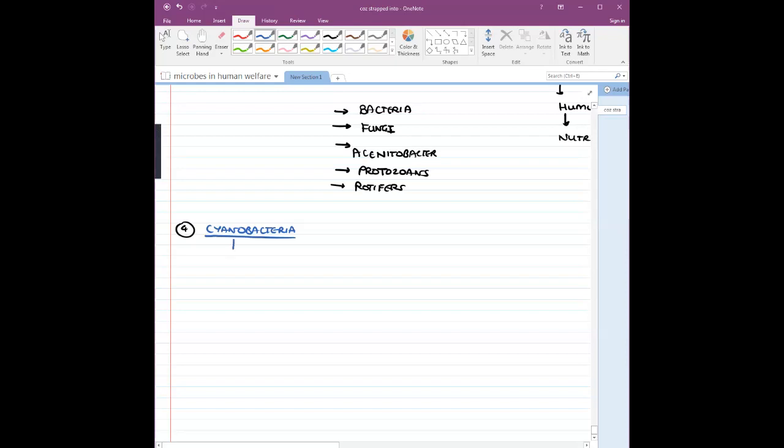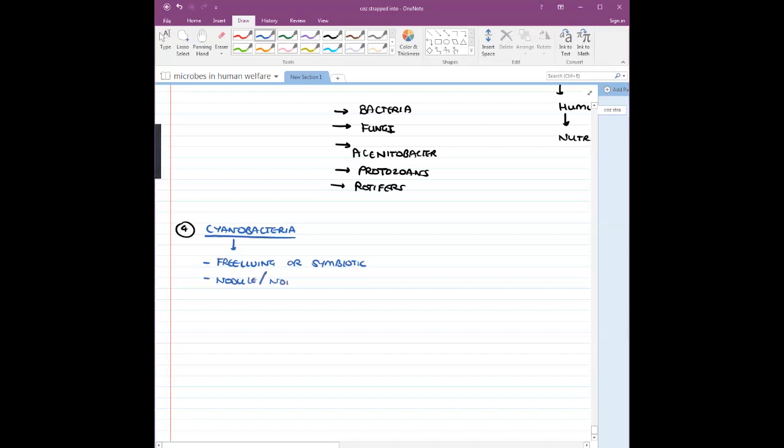So cyanobacteria can be free living, or they can be symbiotic. These can either show nodule formations, or they may not.